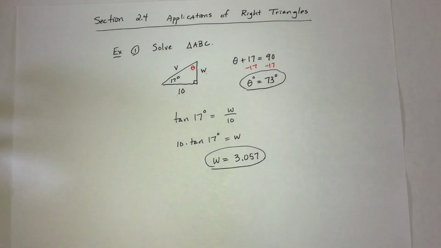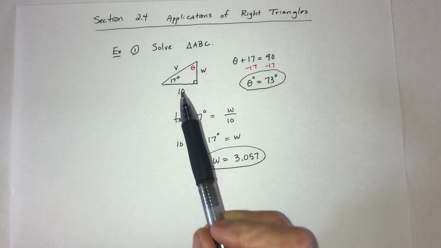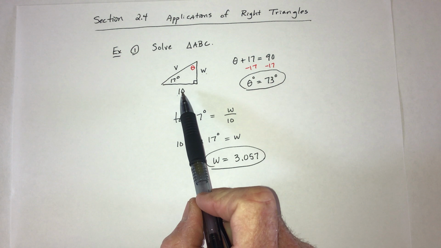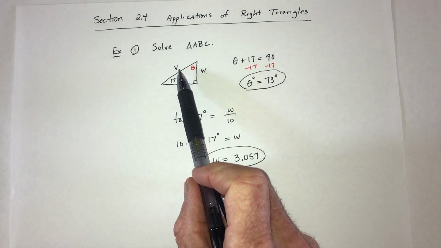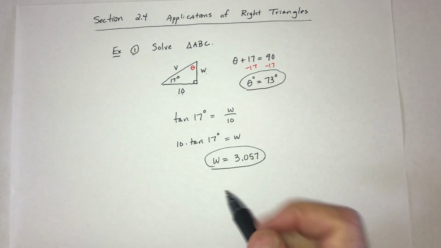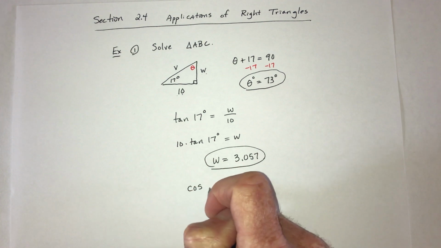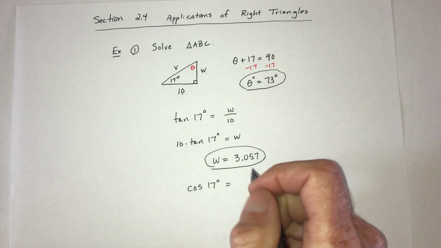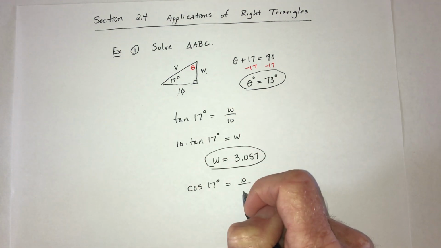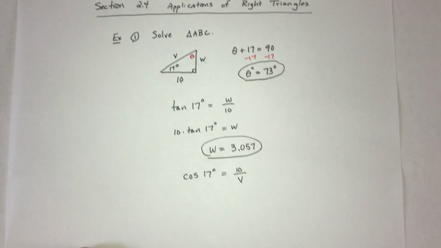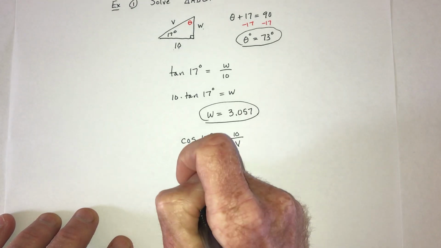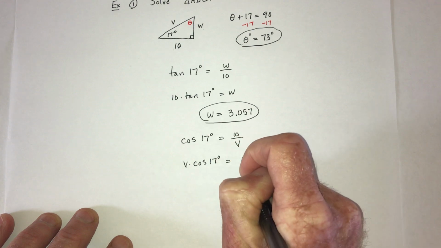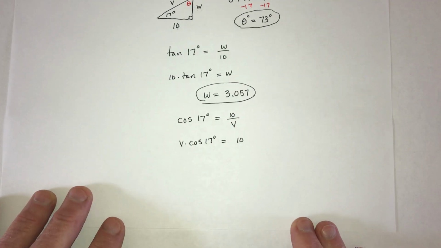All right, now what about V? I'm going to use the 10 and the V, so this would be the adjacent and hypotenuse. Adjacent over hypotenuse, that's cosine. So cosine of 17 degrees equals the adjacent is 10, the hypotenuse is V. I could then multiply both sides by V, and then it would just equal 10.